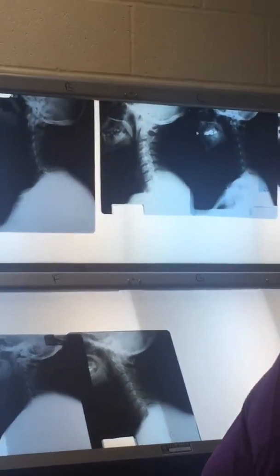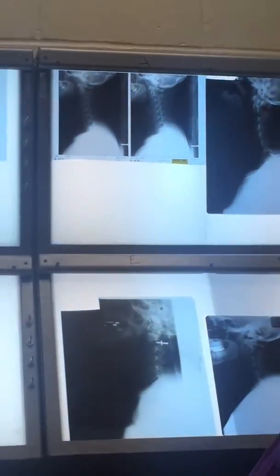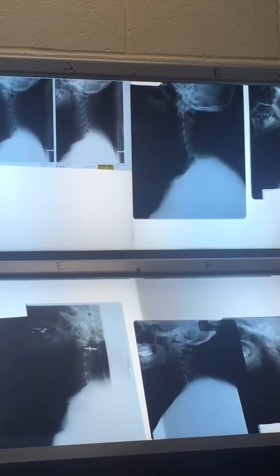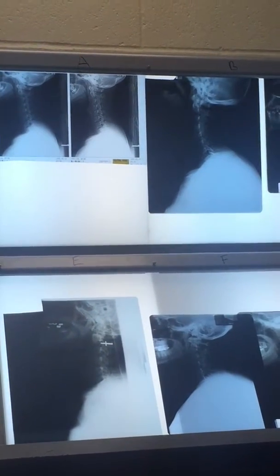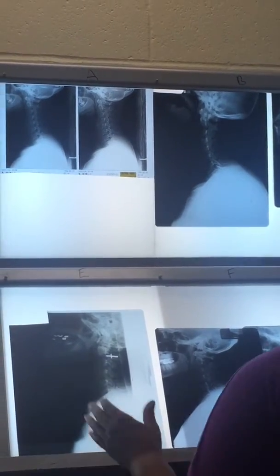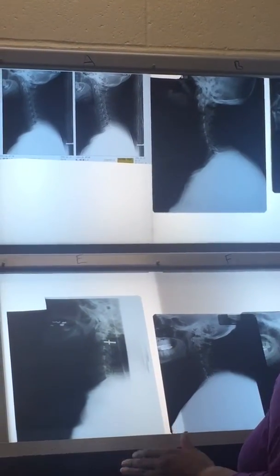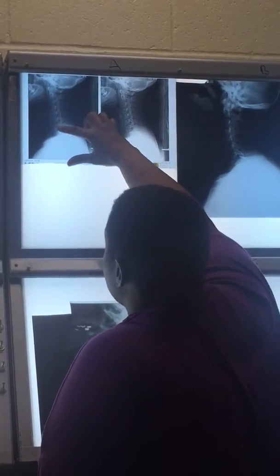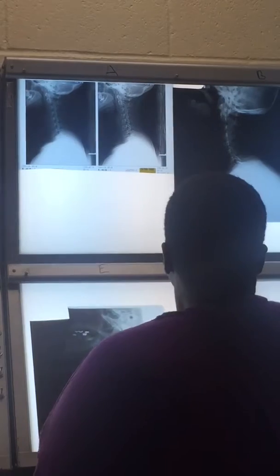Okay. So for the lateral Grandy, the key thing is you want to see at least the top third of T1. They want to see that space in between T1 and C7. That's your key to making sure you have a cervical spine. So you want to make sure you count your vertebrae: 1, 2, 3, 4, 5, 6, 7, and then that's T1.